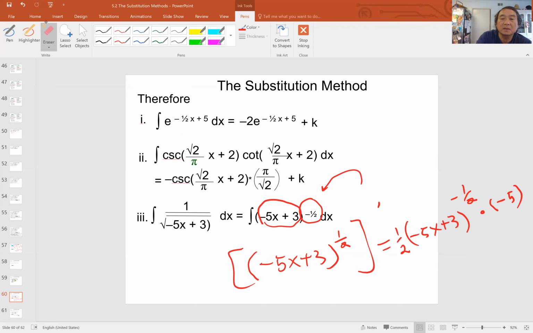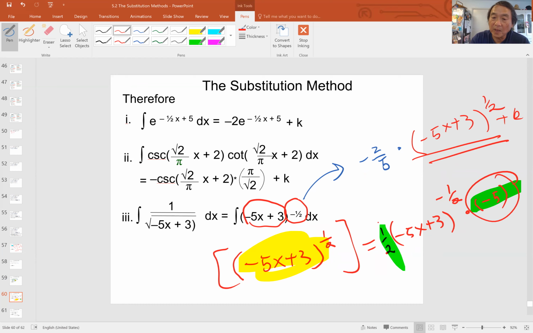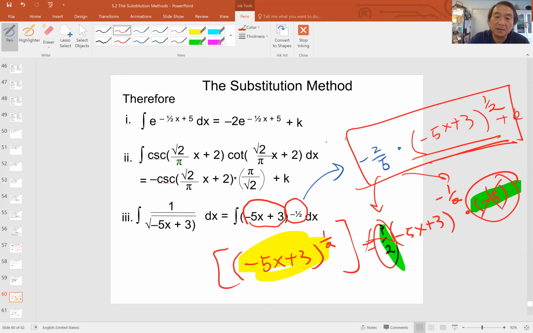Which means this is almost the answer, except there are some extra things here I don't want, because I want the answer to be only minus 5x plus 3 to the 1/2 power. So for this answer, I can take the reciprocal of these, which is minus 2/5, times minus 5x plus 3 to the 1/2, plus the constant. When I take the derivative of this, I get this part, and that reciprocal will cancel it out, and the derivative is exactly that. So I can guess the answers and adjust by a constant for these linear substitutions.